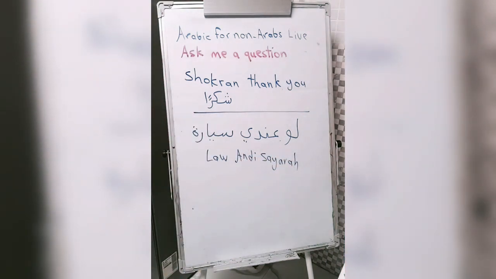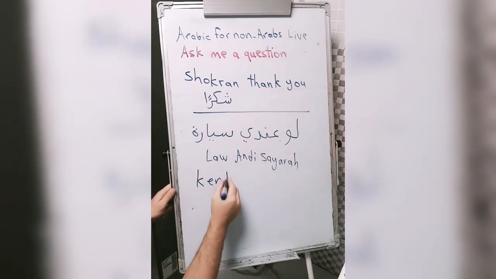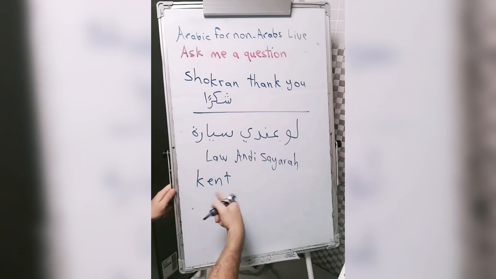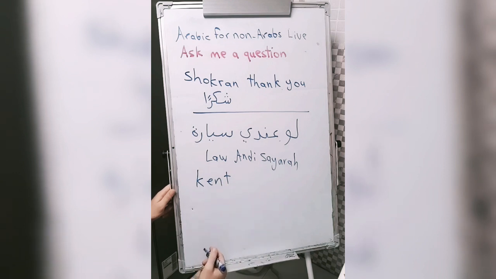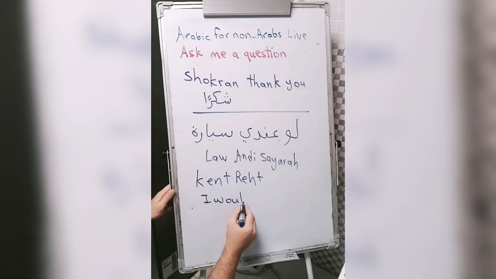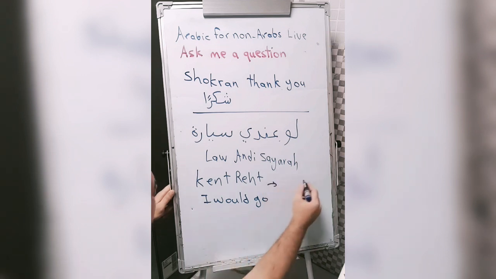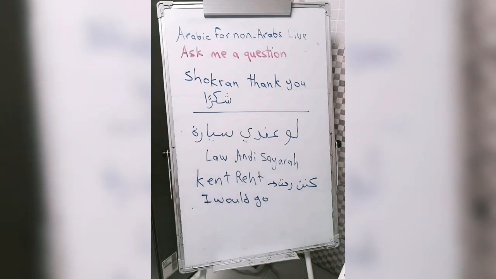I would drive. كنت. Drive is difficult. You say sit, but it's really hard. I would say رحت. كنت رحت. I would go, and this one كنت رحت. Yes. لو عندي سيارة كنت رحت.